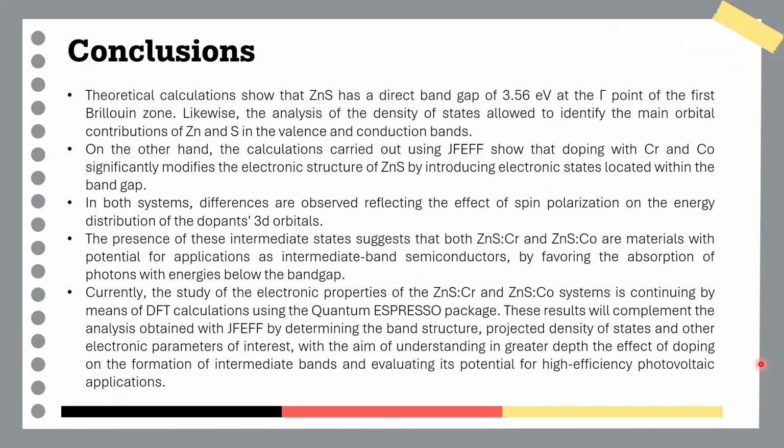The presence of the intermediate band suggests that both chromium and cobalt-doped zinc sulfide are materials with potential for applications as intermediate band semiconductors by favoring the absorption of photons with energy below the band gap.